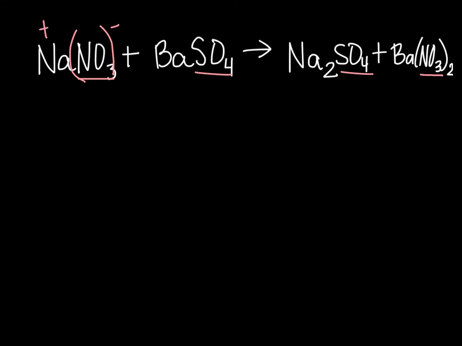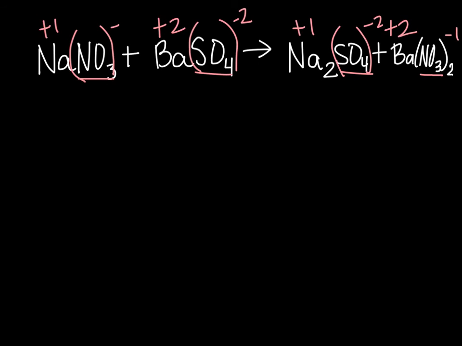Which means this sodium is going to be +1. So the whole polyatomic ion can be grouped together. Sulfate is -2, which makes this barium +2. Okay, so I'm just grouping all the polyatomic ions together. So sulfate -2, sodium is +1, and then nitrate's -1, which means this barium is +2.